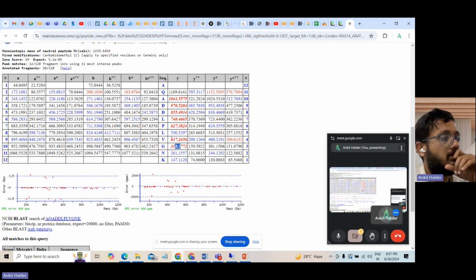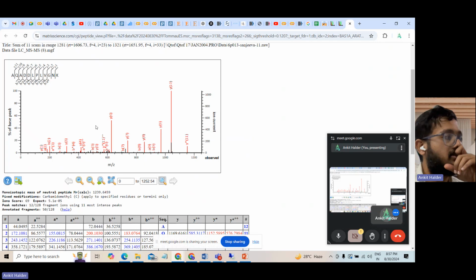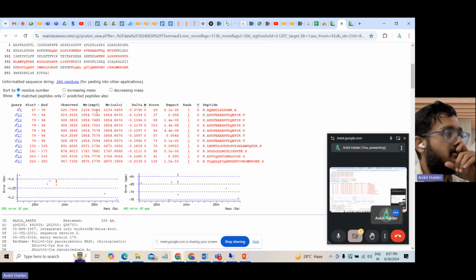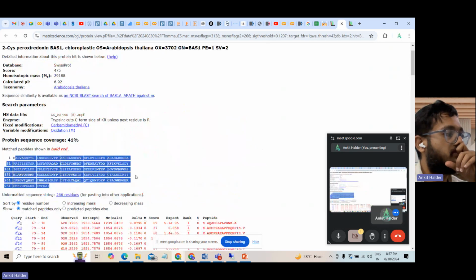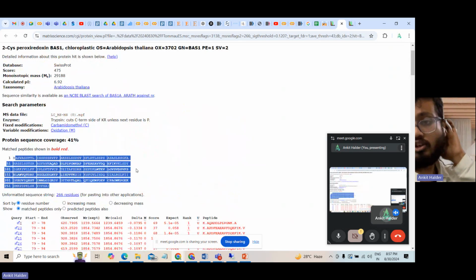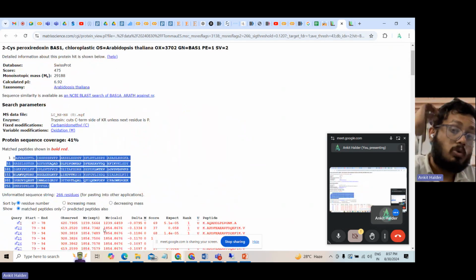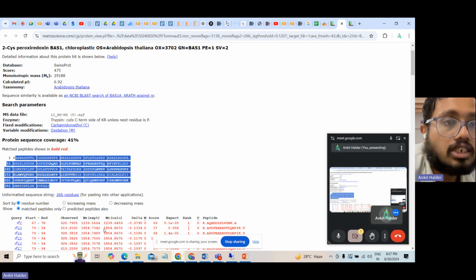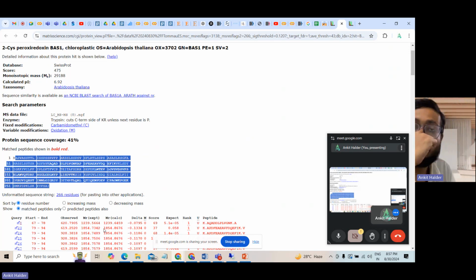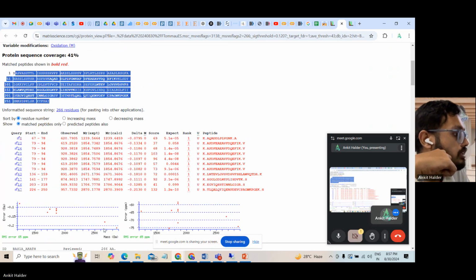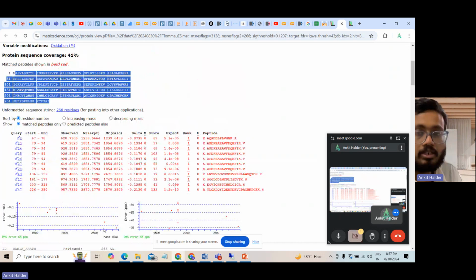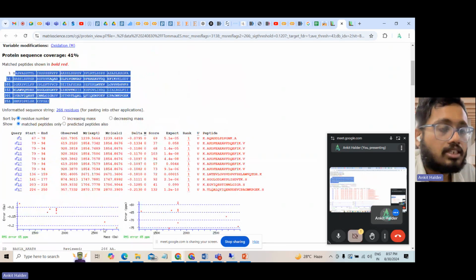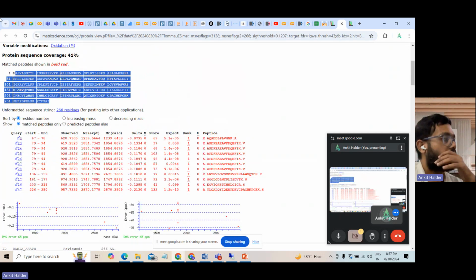From here we have an idea that this can be this particular peptide, and this is the coverage within our particular protein. 41% of the peptides would be matched and identified with a score above a certain threshold, which lets us understand that this can be our particular protein.